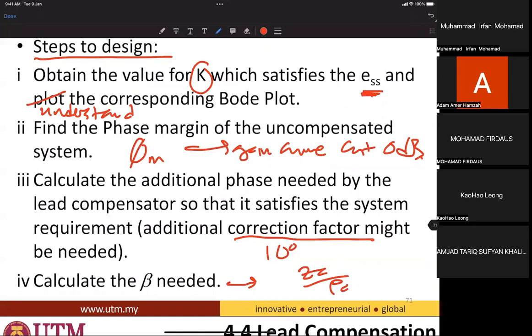How am I supposed to know if the system needs the correction factor or not? You just add 10 degrees. For my class, section 5 and section 6, if you want to answer lead or lag, just add a 10 degrees correction factor. Okay, thank you.